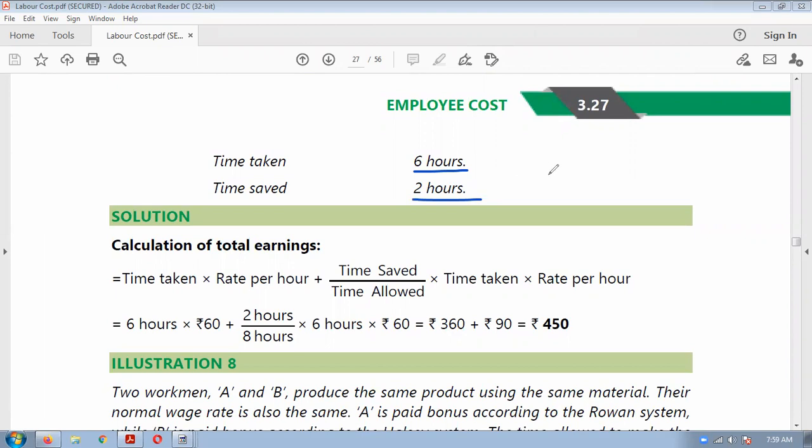Same question, but here we will use the Rowan system, not the Halsey system. So what is the formula for the Rowan system? That you should know first. For that you should practice that formula many times. Let us understand how we can solve it.